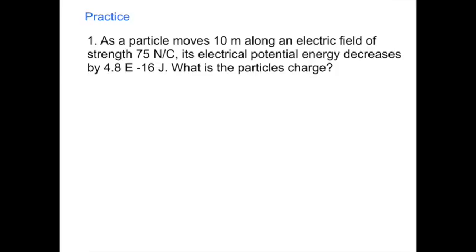So we have our equation for the change in potential energy, which we'll call delta PE electric. That's equal to negative QEd, which again is the charge times the strength of the electric field times the displacement. So we've learned that the change in potential energy is a decrease, so it's negative 4.8 times 10 to the negative 16th joules.